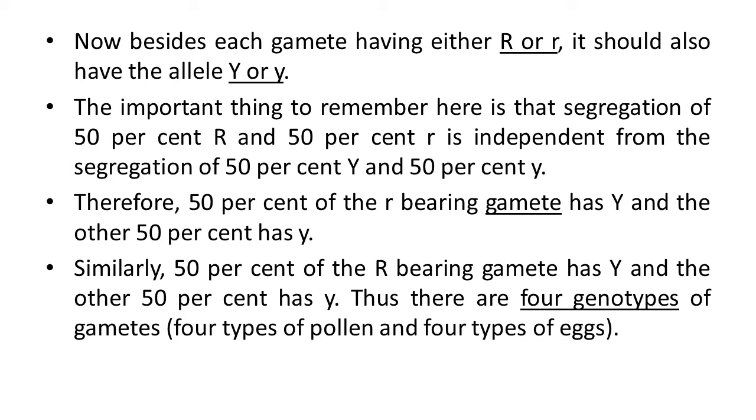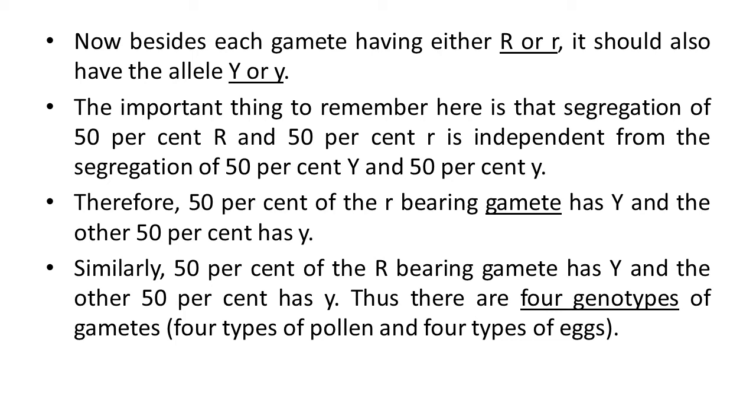So for both alleles, capital R and small r, the segregation is independent from capital Y and small y. As you know, gametes are always haploid, and in nature they do not have a pair of alleles. They are always pure because they have only a single allele, because when gametes are formed, meiotic division takes place.